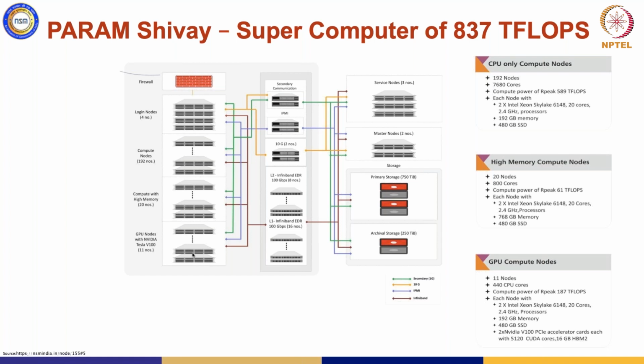The DGX has a very specific type of setup which I will show you in the next slide. But here also we are using V100s. There are 11 of them, and then you have an InfiniBand switch for communication. Then you have primary storage of about 750 terabytes and 250 terabytes of archival storage. Then you have high memory compute nodes, about 20 nodes, 800 cores. All of this information is available on the NSM website. The reference is also given.